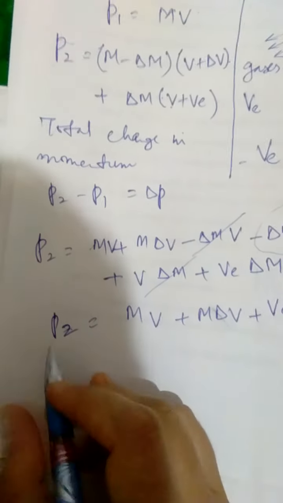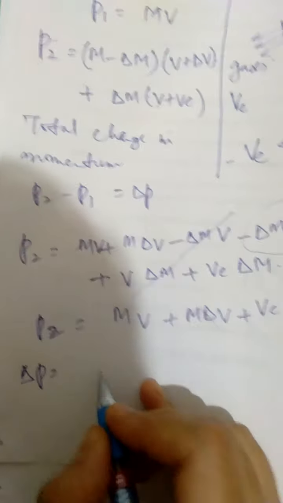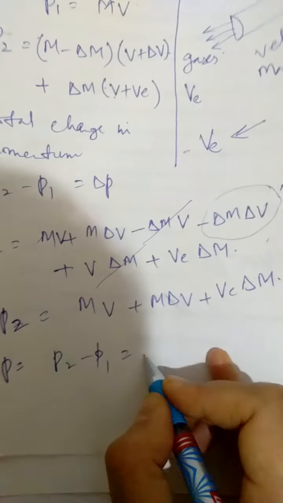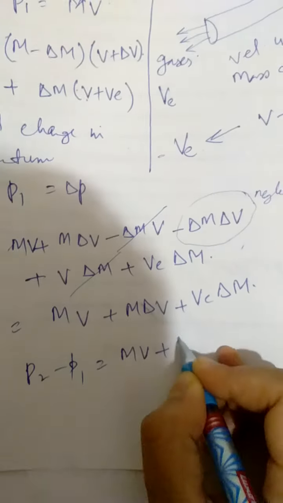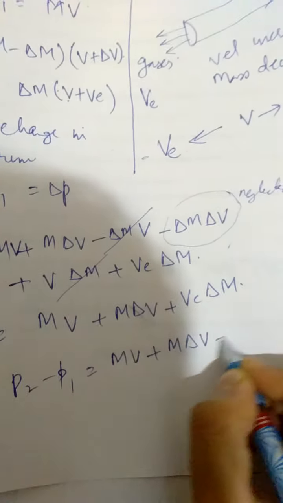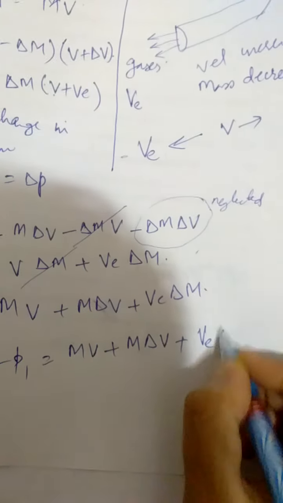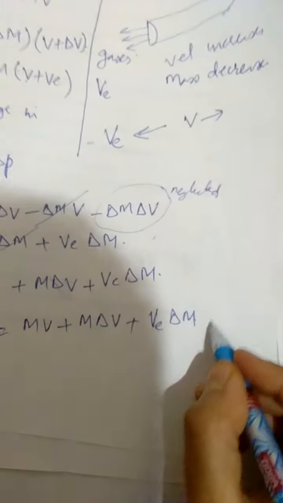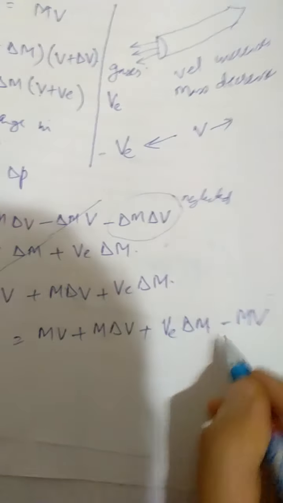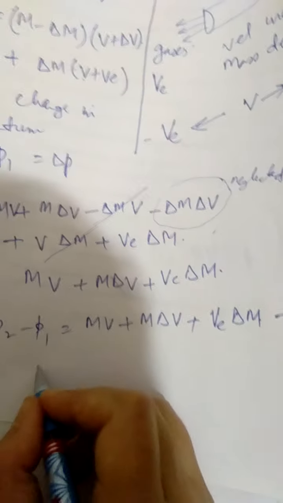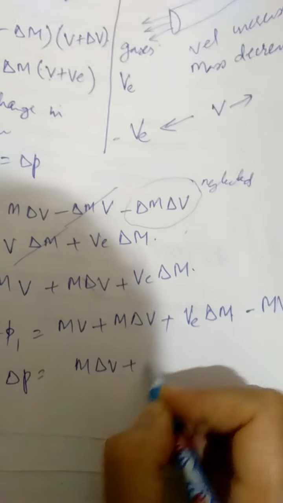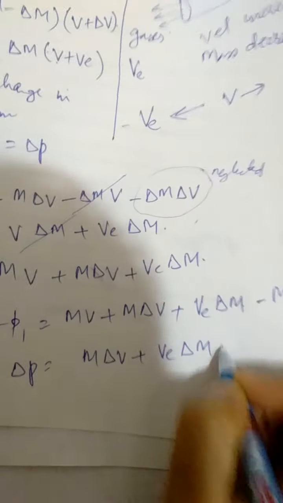And what is the change in momentum that we are interested in? That is P2 minus P1. So we have found P2, that is mv plus m delta v plus ve times delta m, minus P1, and that is simply mv. So mv minus mv goes, and delta P is m delta v plus ve times delta m.